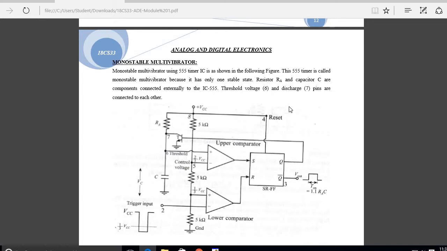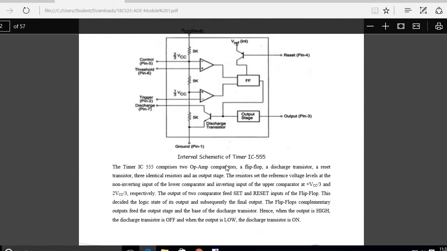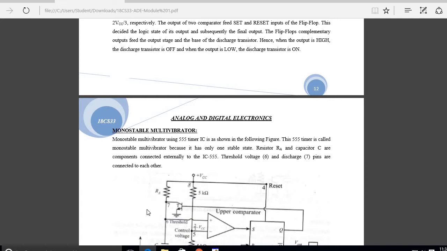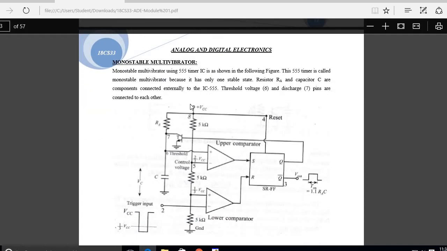Resistor RA and capacitor C are components connected externally to the IC 555. See here in the previous diagram, this is the internal schematic of timer IC 555, right? So I am connecting two extra components, a resistor RA and a capacitor C, to this timer IC 555. The threshold voltage and discharge pins are connected to each other.